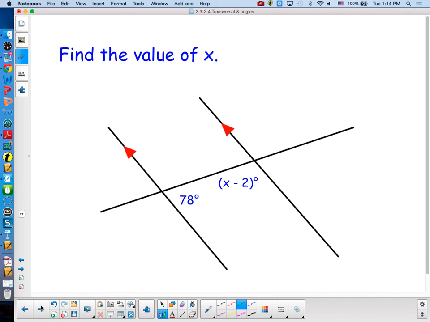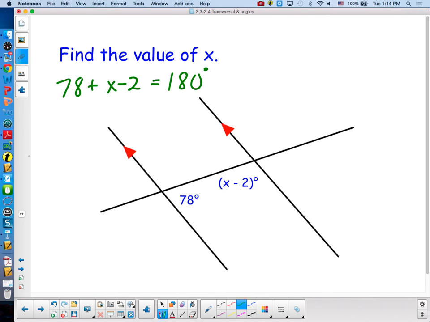All right, and this one as our last example. Lines are parallel. Are they one of our 4 pairings? Yep, which type? Okay, so we need to set them up to be supplements. What's that mean, Cody? Supplements. Okay, so they add up to 180. So 78 plus x minus 2 has to be 180 degrees total.